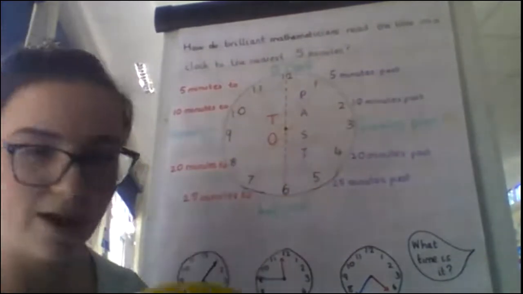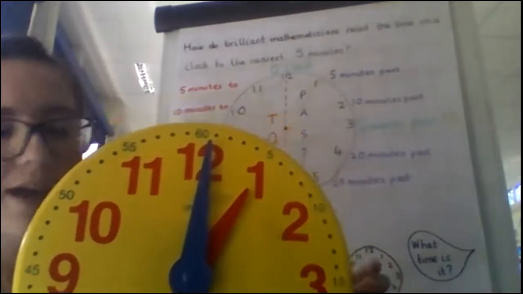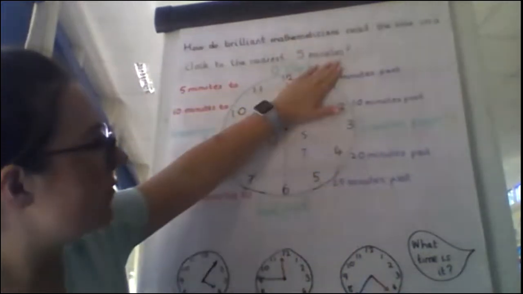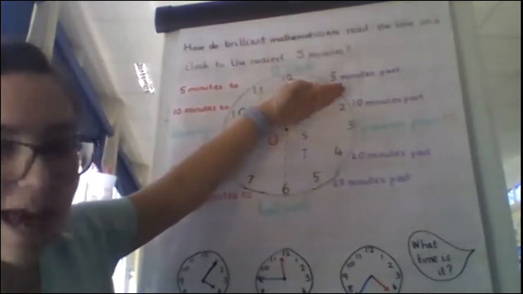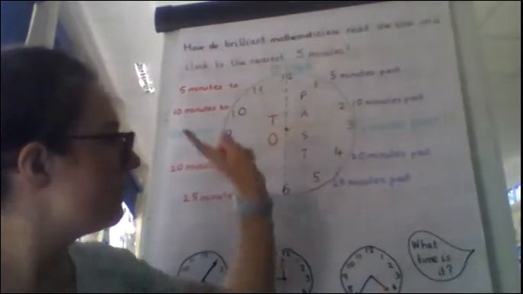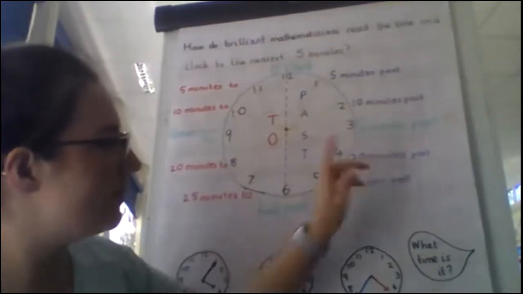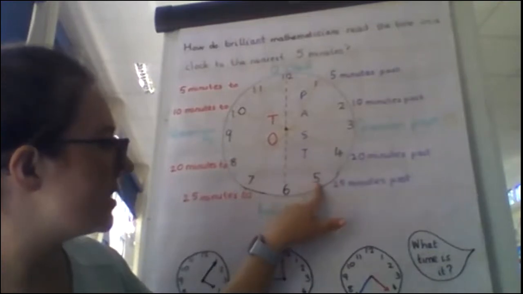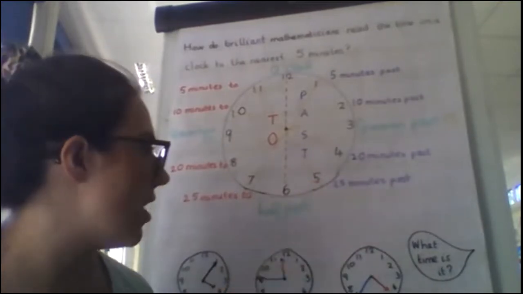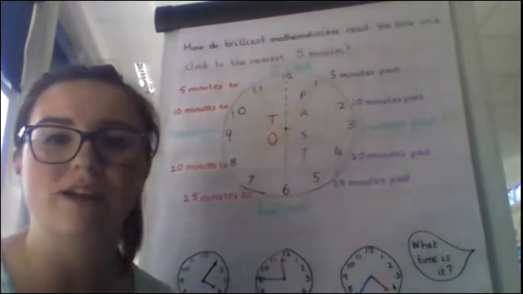So if I'm looking at my clock really carefully, I can see the number that lives next to it, okay? And it's 5 past. Then when we're on the 2, it's 10 past. When we're on the 3, we know that one already, that one's quarter past. Then when we're on the 4, our minute hand is on the 4, we are on 20 past. When our minute hand's on the 5, we get to 25 minutes past. Before then, we are on 6, which is our half past. And again, we know that one really well.